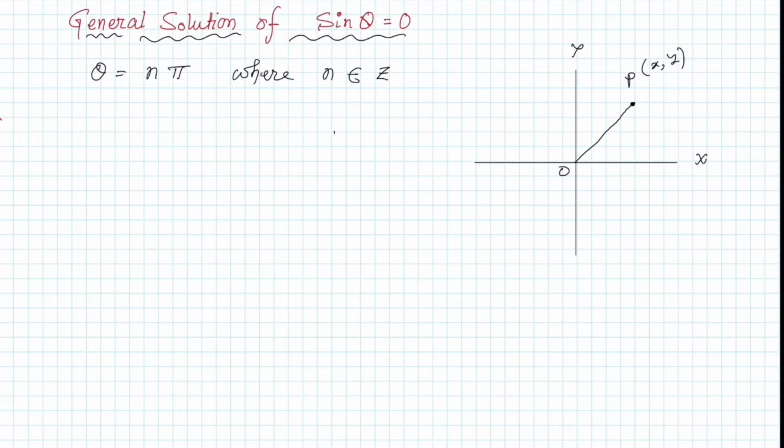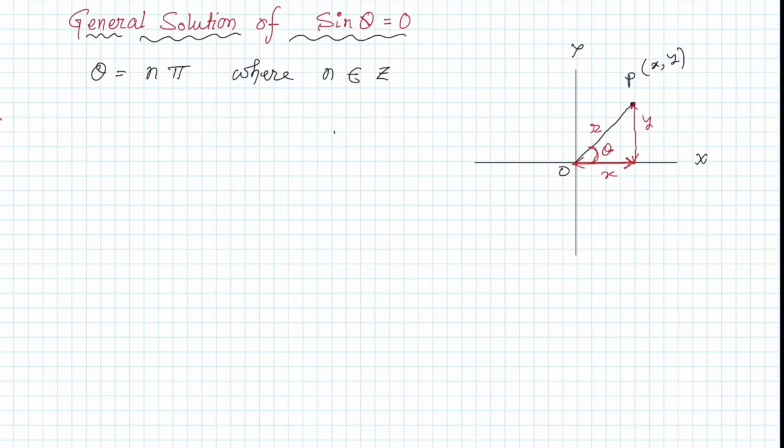So obviously this height is y, and this length is x. Suppose we have considered OP is equal to r. Now let us take this angle as theta.